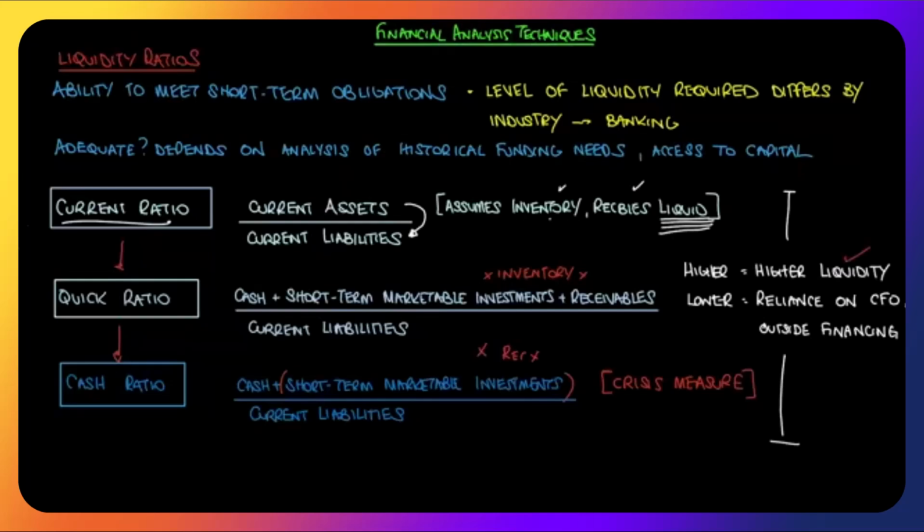The lower, well, you might be concerned, but remember, it's not necessarily fatal if you have a low current ratio. And a lot of people say, it's got to be above 1. No, not necessarily. You might be relying on the cash flows you generate. If you are a mature, successful company, you might keep generating CFO. You're using it to reinvest, but if you need it, you can use it to pay off your current liabilities. You may have access to outside financing.